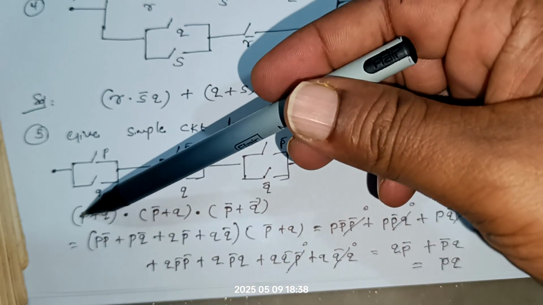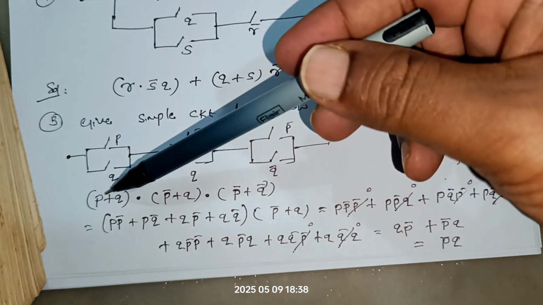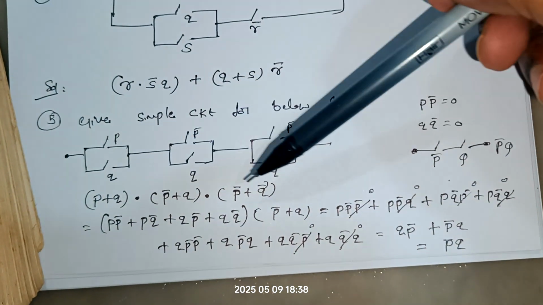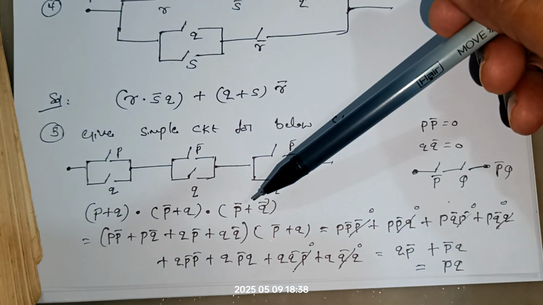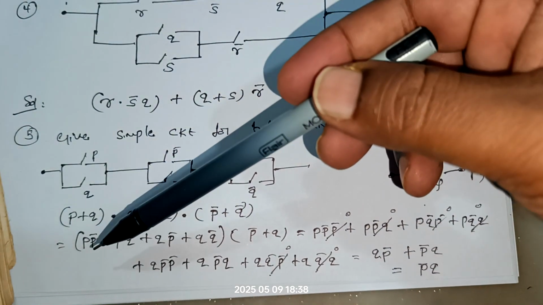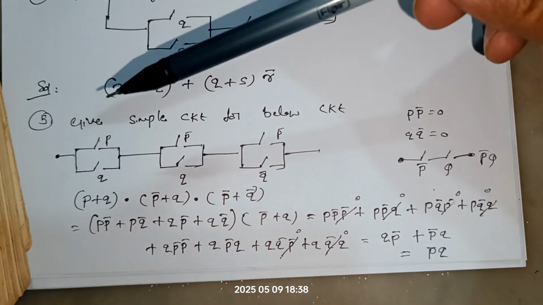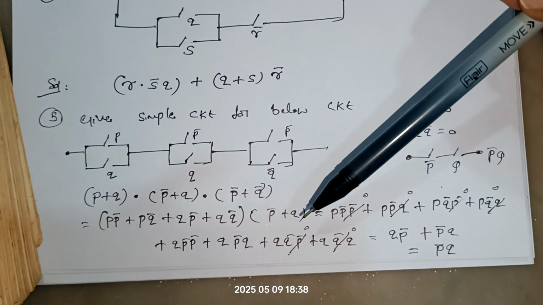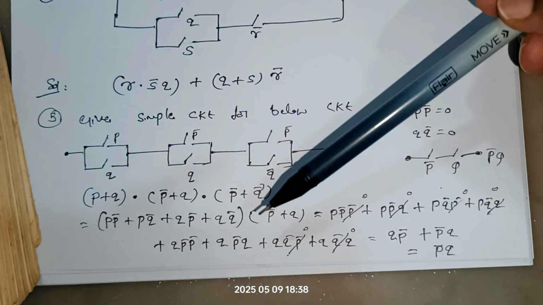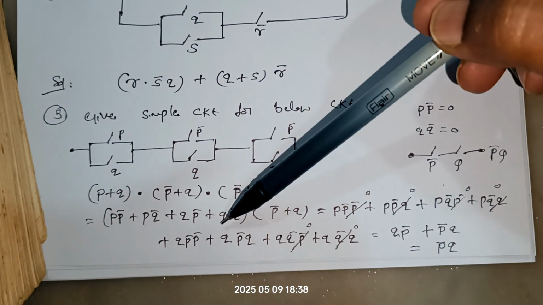So now start multiplying this: P with P bar, P with Q bar, Q with P bar, Q with Q bar. So that is the first one. This as it is, P bar and Q. Then this P and P bar multiplied with P bar. Similarly, this with the second. Next, this with this and this, this with this and this with this and this.